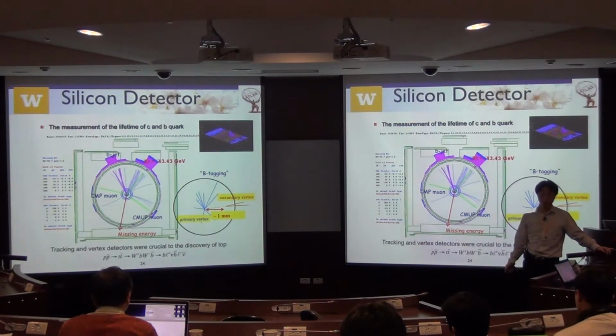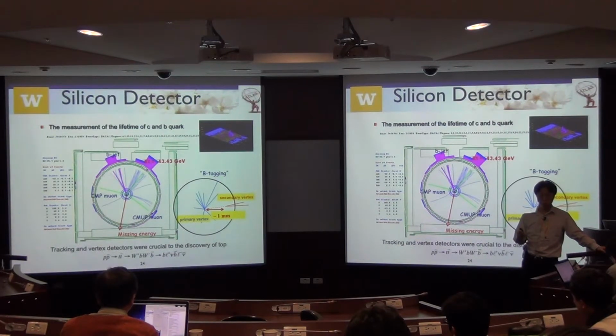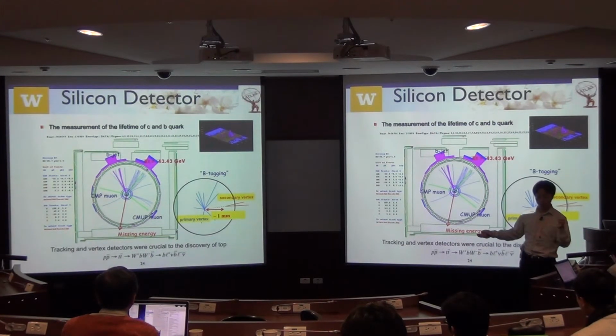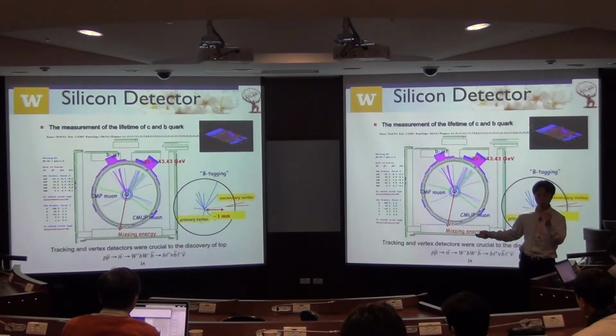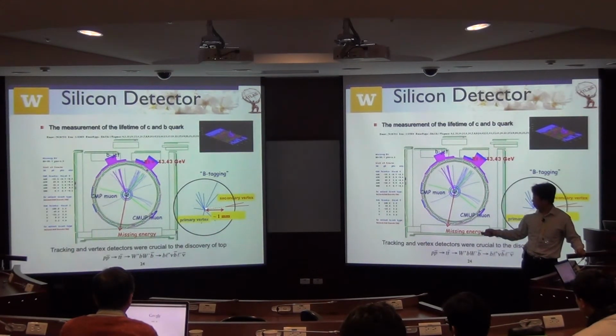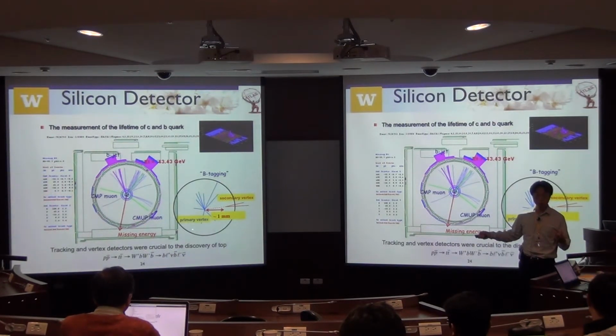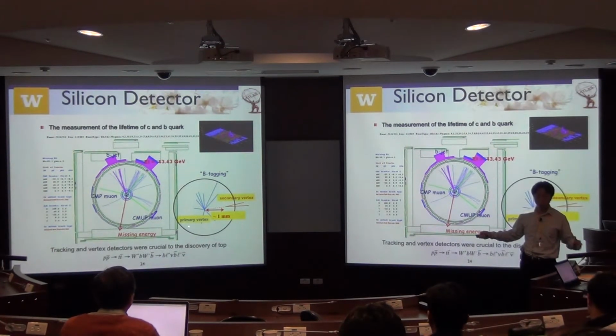The other thing is that with the silicon detector, you have an opportunity to make the pitch distance between different sensors very, very small. So you can detect the trajectory and measure the spatial position to a very high level of precision. And if a heavy quark, a bottom quark, is produced, it has a relatively long lifetime.